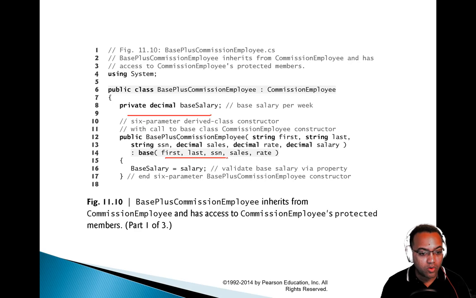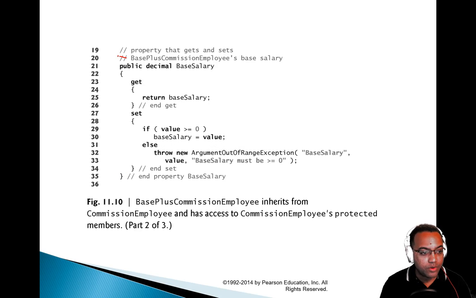We inherited all the variables from the constructor of the base class CommissionEmployee. And now that we have base salary, we need that information. So we're going to get that information through the instantiation of BasePlusCommissionEmployee. Then we create our base salary property. All right, and we add a catch-all for the set statement.